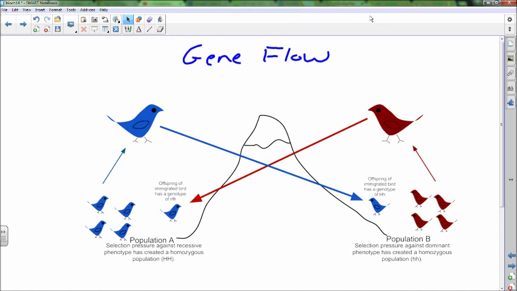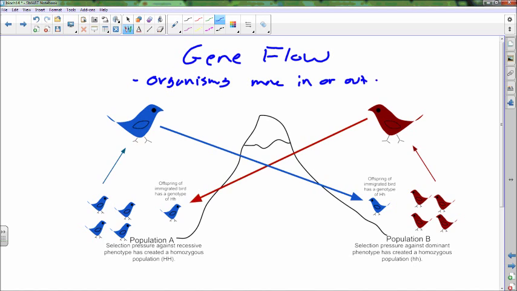Okay, the next situation on our list is gene flow. Gene flow happens when organisms either move in or out of the population. Okay, this is kind of an extreme situation right here in this example, but let's say we have on one side of a mountain a population of birds that are blue.